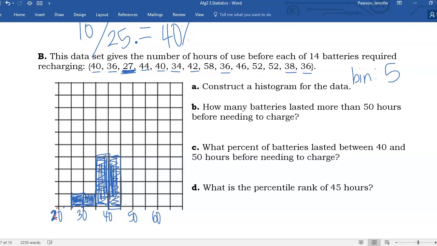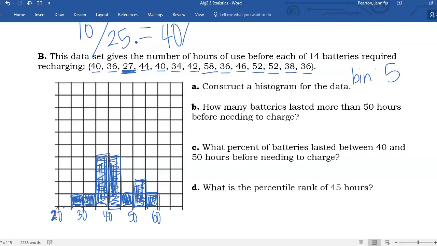Between 45 and 50. 1. And between 50 and 55. 1, 2. And finally, 1 for between 55 and 60.